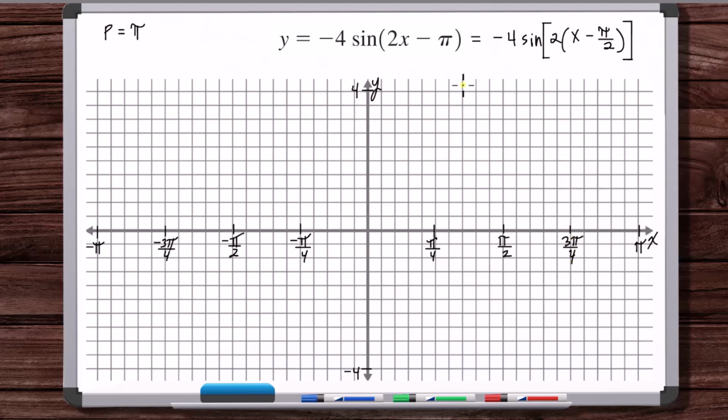Okay, so we're going to shift to the right pi over 2. So we're going to shift all the way to here. And so we'll draw the curve going from pi over 2, that's a period of pi. Okay, so the start point is at minus pi over 2.